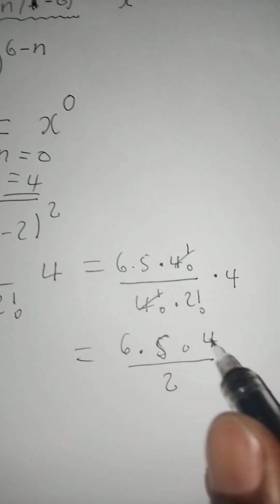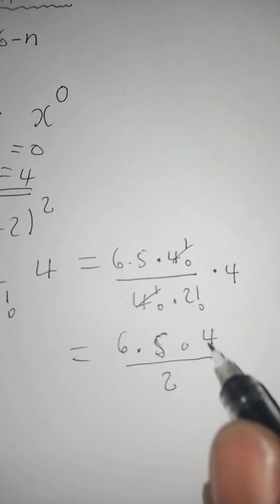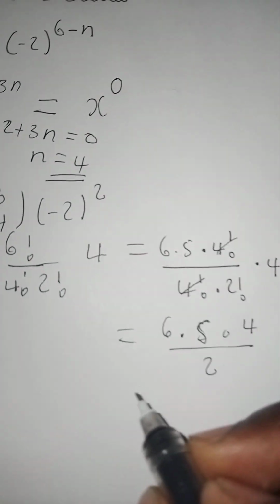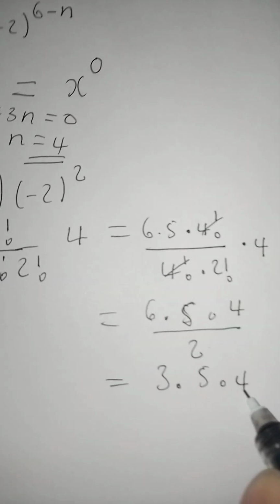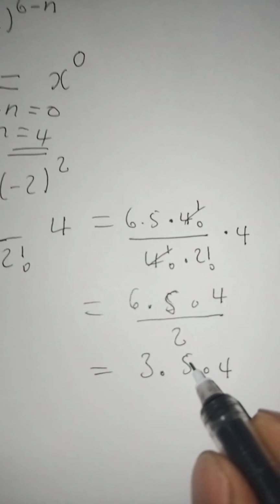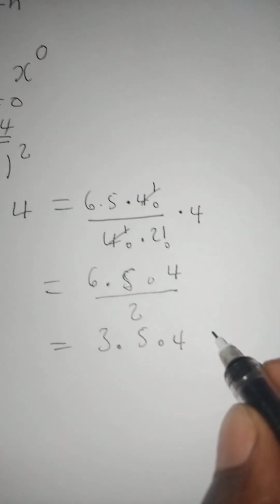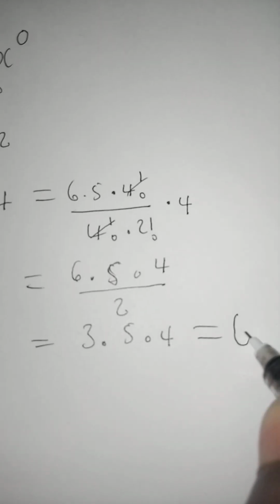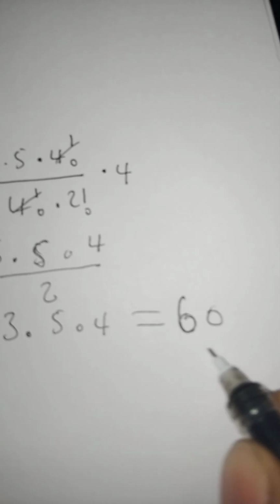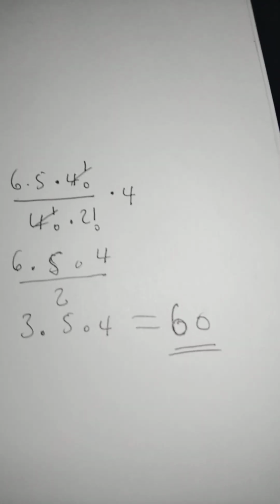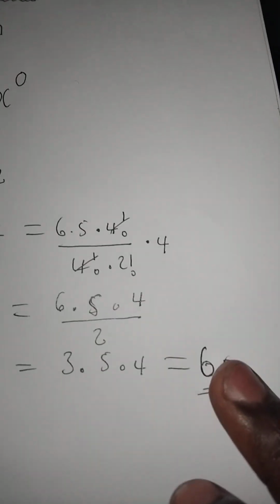So how many times does 2 go into 6? It goes 3 times, then we're left with 3 by 5 by 4. So 3 by 5, that is 15. 15 by 4, that is 60. So the constant must be 60. Okay, the constant is 60. So that is how you find the answer of this question.